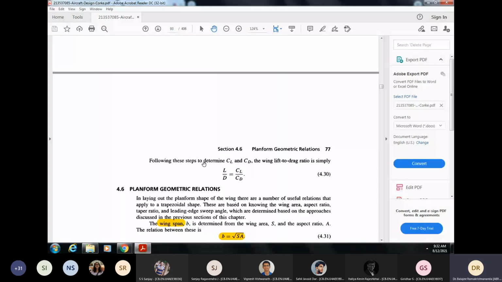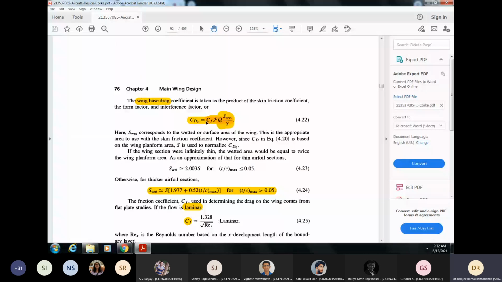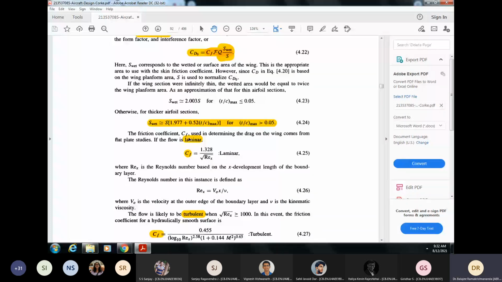Then K you'll determine. So for your flight condition, you find out CD naught plus K CL squared. But before you do this, you should determine the planform geometric relations. Although it comes last, you have to finish this first before estimating the wing drag.